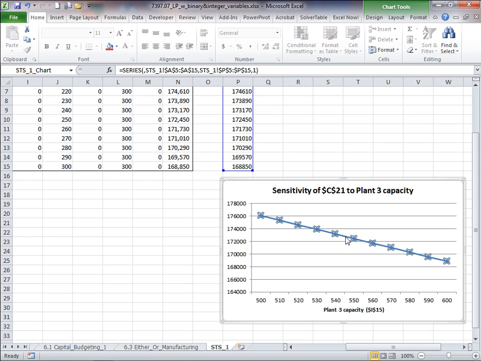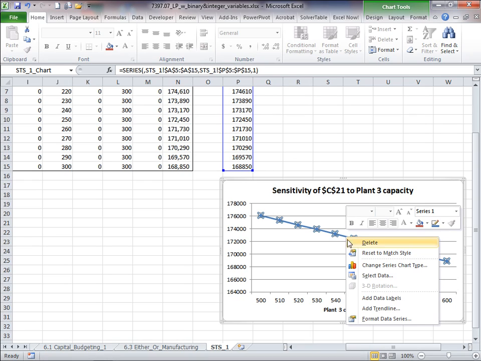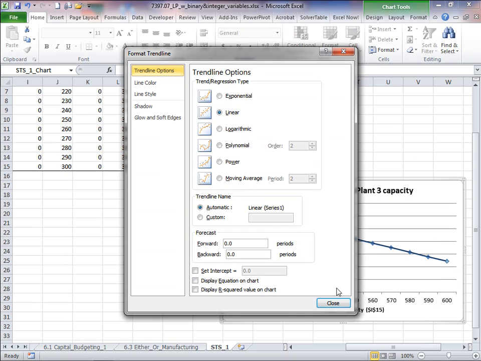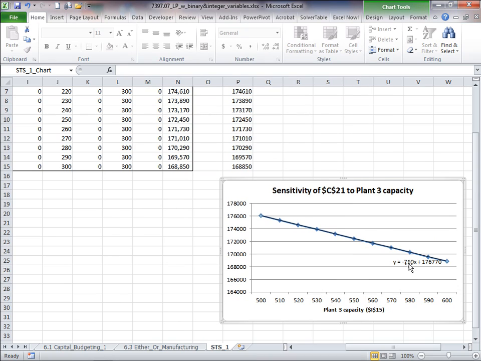Minus 72, right? If you don't believe me, let's go ahead and just insert a trend line. And we'll put the equation in there. And there it is.